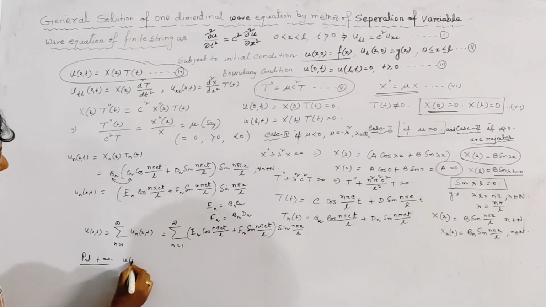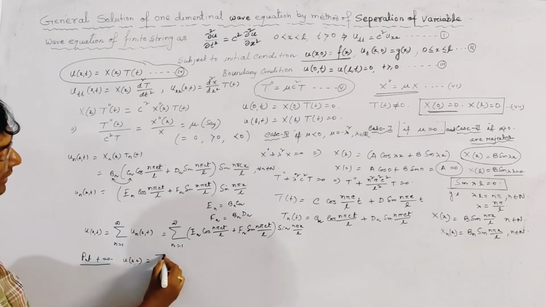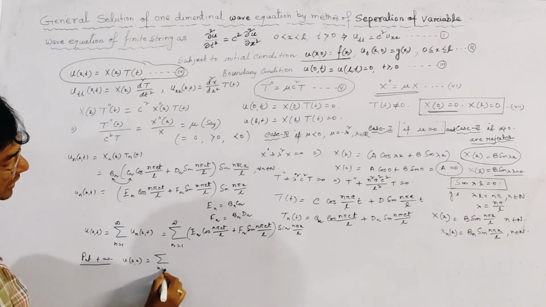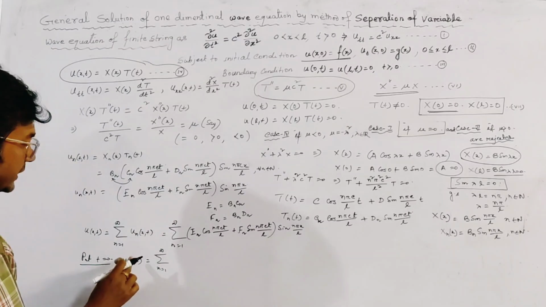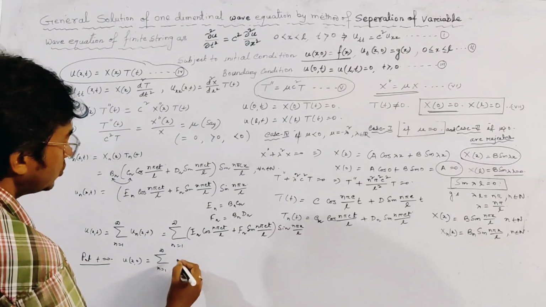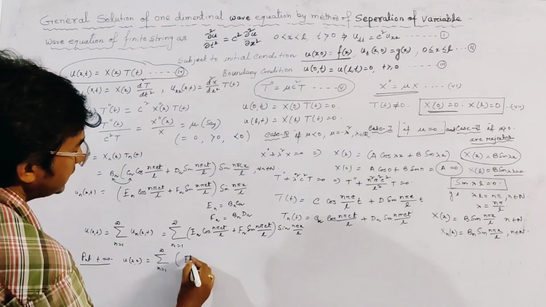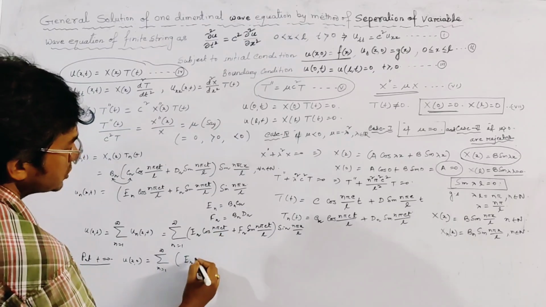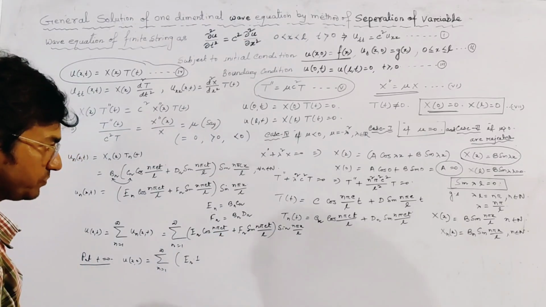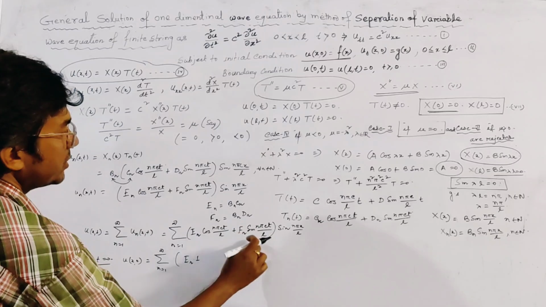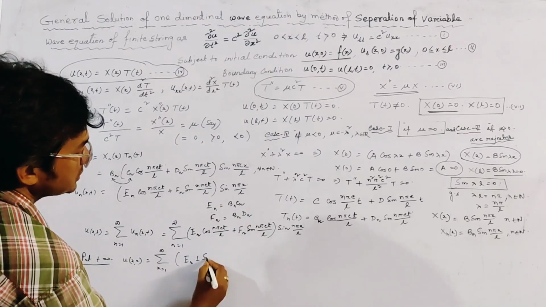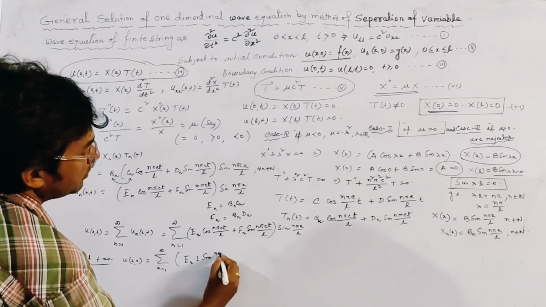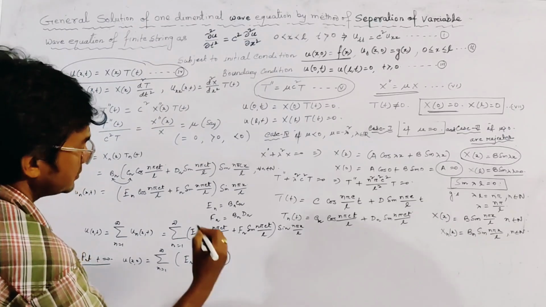So we get u(x,0), and the right side is the sum from n equal to 1 to infinity. We put t equal to 0, so we get e_n into cos 0, which is 1, and this term is 0 because sin 0 equals 0, into sin(n pi x by L).